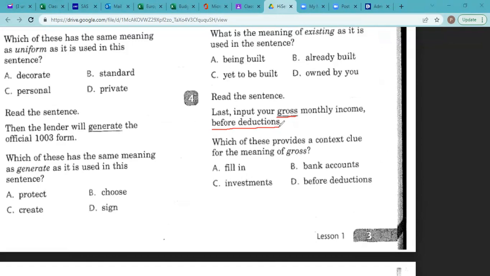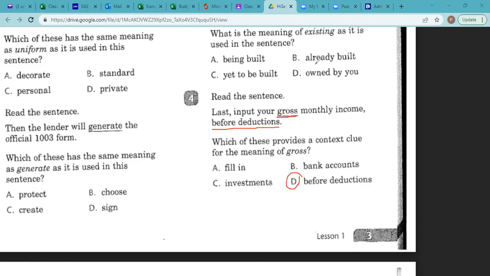So your answer to this would be D. So if you think about what your gross monthly income is, it's going to be before they take out any kind of Medicare or medical or dental or taxes. So it's before the deductions.